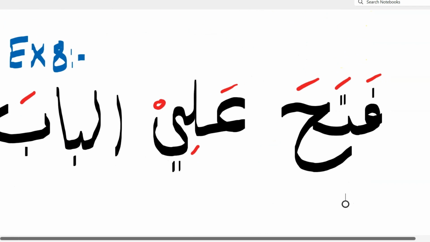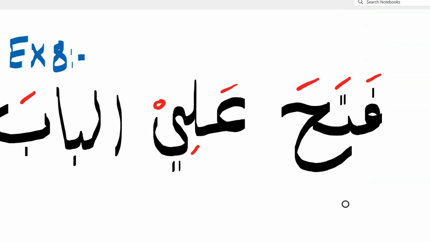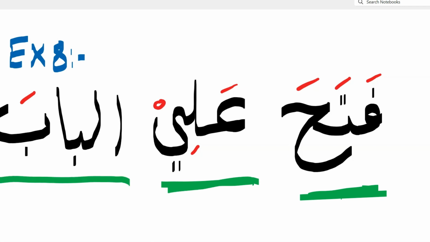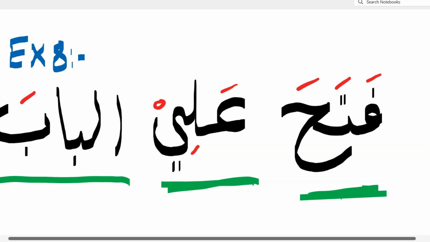Okay, this is a sentence. We just read the words separately. Now let's put them together. Fataha, he opened. Ali, Ali. So fataha Ali means Ali opened. Al-bab, the door. Again.